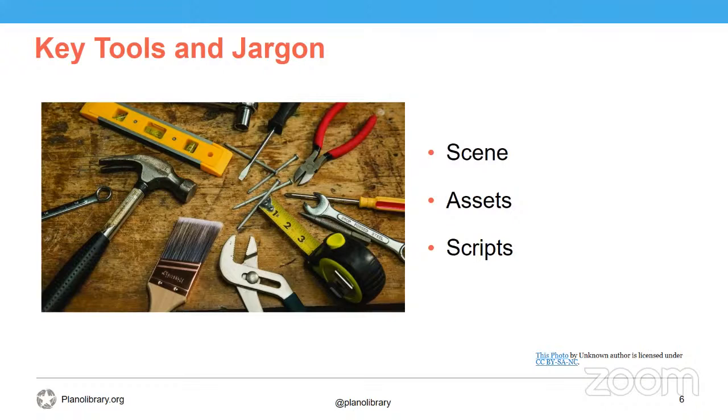Video games are an interactive media, and so you need scripts to be able to say, hey, this was interacted with in this way. And so all together, inside the scene, you have your assets, which are affected by the player inputs, and the player inputs determine how the scripts tell other things to react.